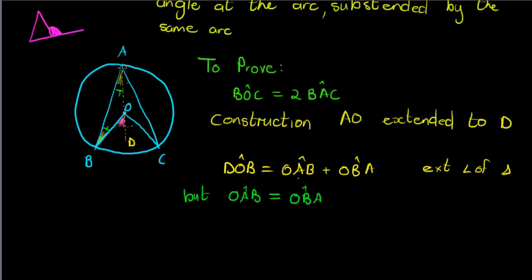Okay, guys, this is because OA is equal to OB. OA is equal to OB. Isosceles triangle. Why is OA equal to OB?